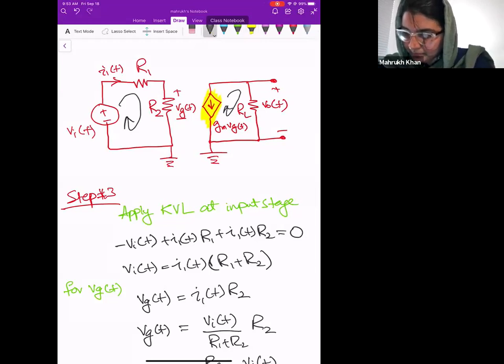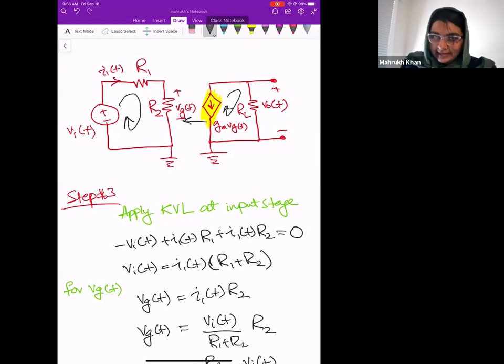What does dependent mean? Dependent means that it cannot generate its own electricity or current. It's like a satellite, or like a moon, which takes the energy from the source and supplies somewhere else, but it cannot generate by its own.